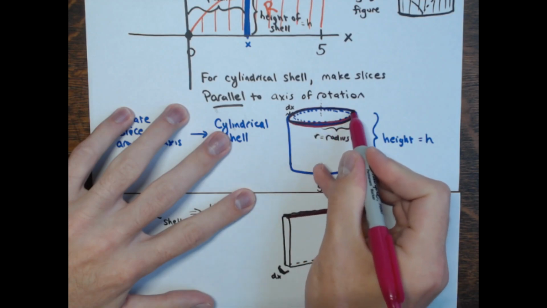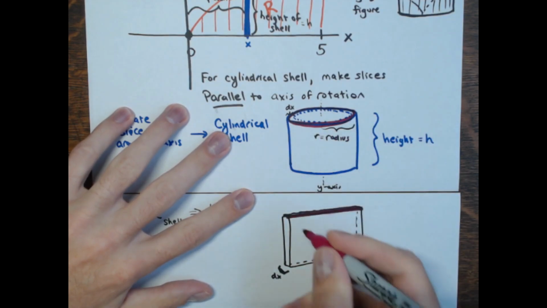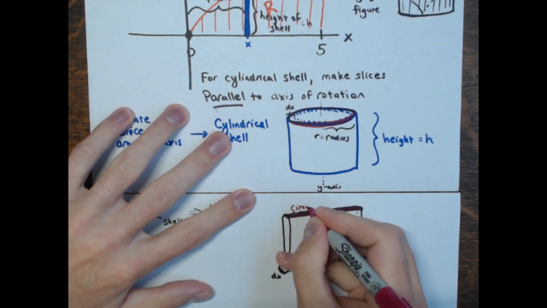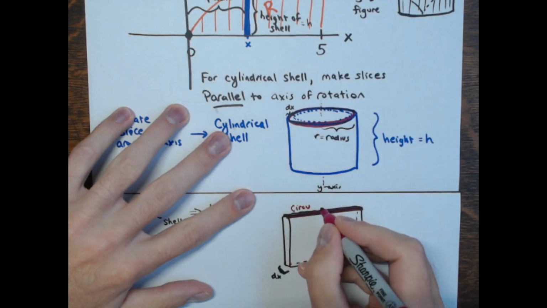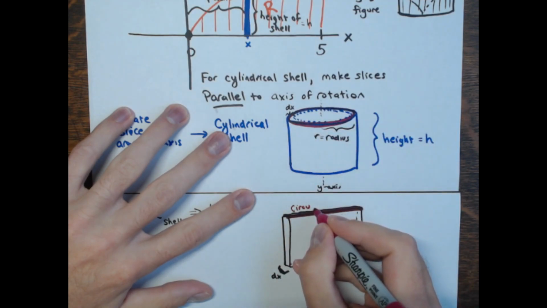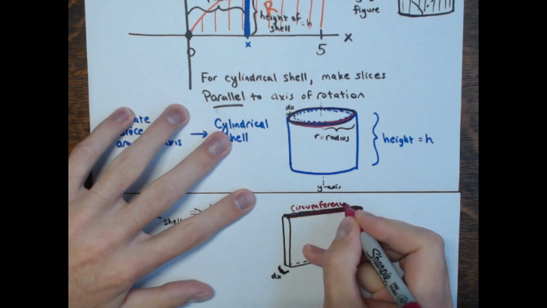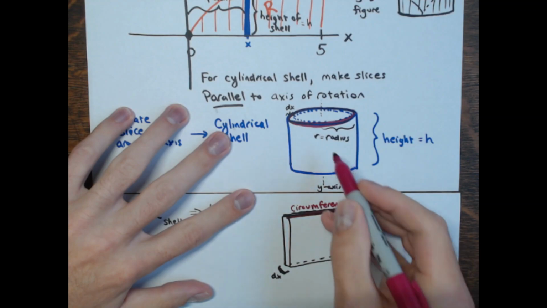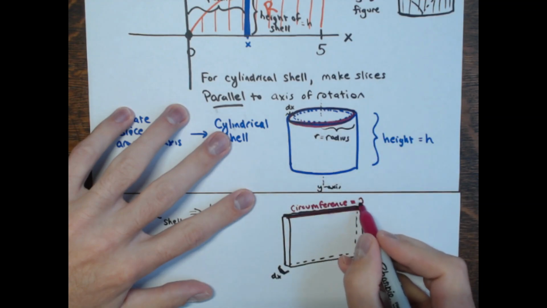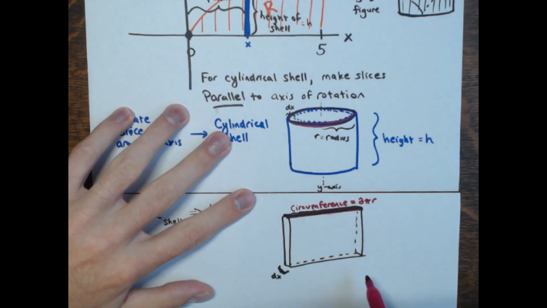It's the circumference of the circle. So this top edge here is the circumference of my ring, the circumference of that rolled up piece of paper, that cylindrical shell. I'll just write circumference. And remember, the circumference of a circle with a radius of r is 2 pi r.